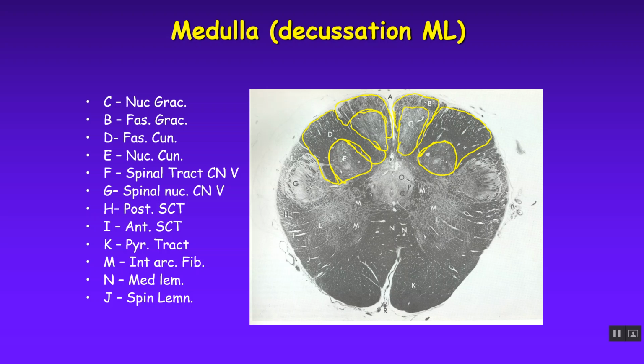So these are all fibers that have come up from below, and they're going to come up in here and make a synapse in these nuclei. And same thing here, they come up, make a synapse here. And then what they're going to do is they're going to project across over to here to start forming your medial lemniscus, and then these fibers will continue going up as part of the medial lemniscus. Does that make sense?